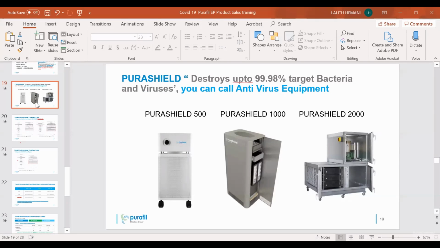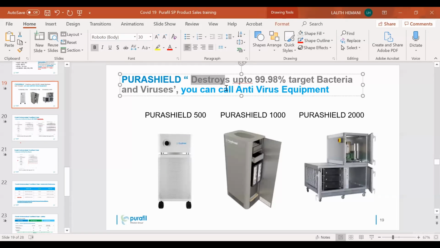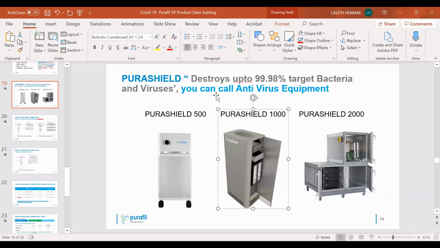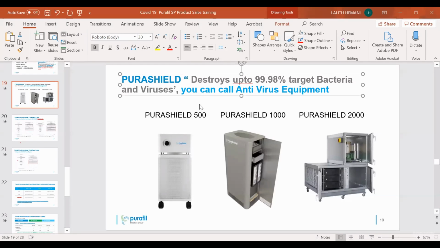For that only, I have given this training. It has a killing efficiency. It is not holding like a HEPA filter. It is killing. I have clearly mentioned destroy. So we can recommend it: if they have a space, they can put it in the existing space. Otherwise, we can add an additional plenum along with this model in the existing system.